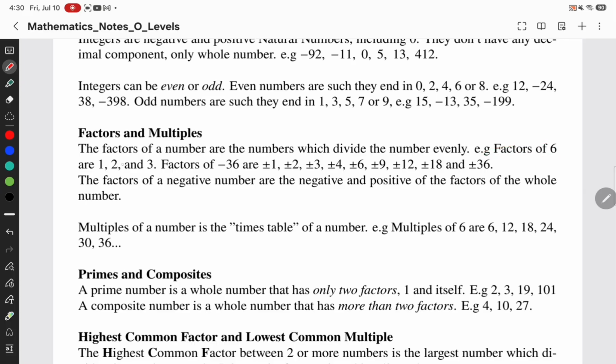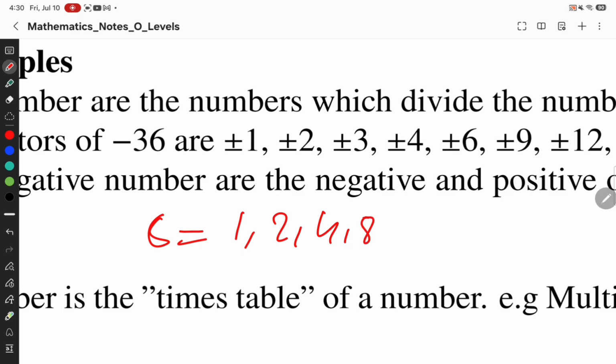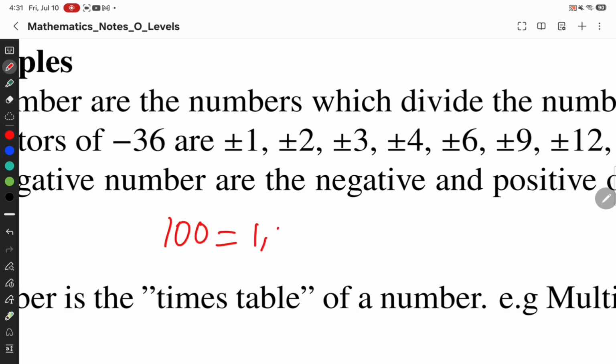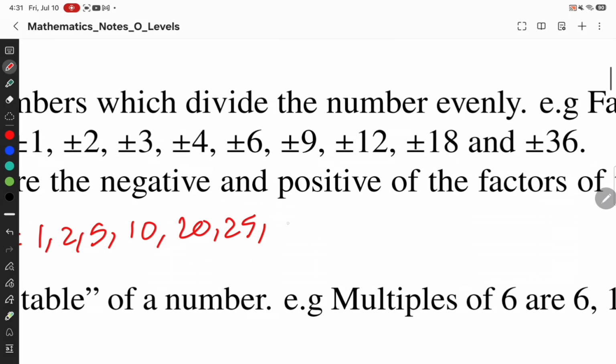Like 6 has 1, 2, 3, 6. 8 has 1, 2, 4, 8. For example, let's take a good number. What can you take? 100. 100 has the factors 1, 2, 4, 5, 10, 20, 25, off the top of my head, 50 and 100.